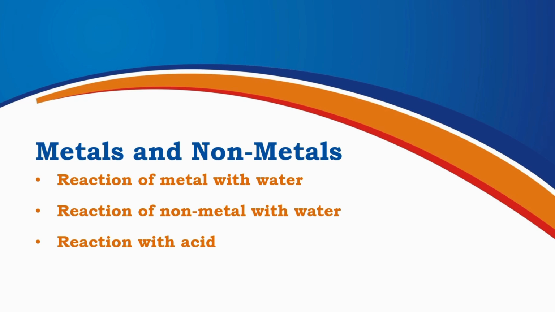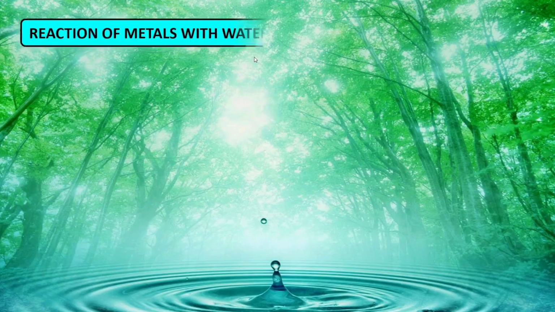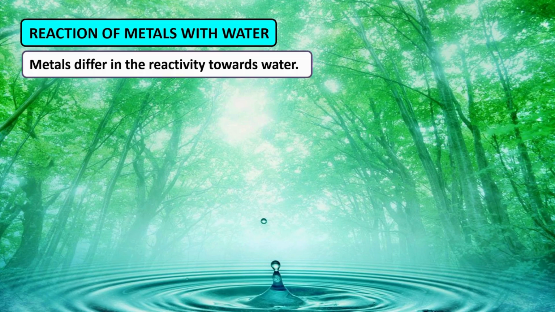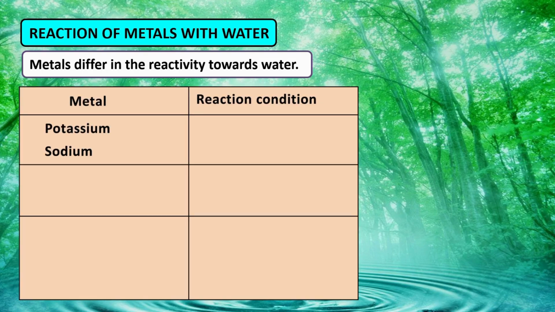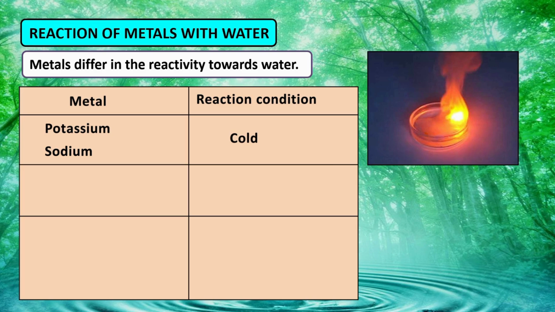Reaction of metal with water, reaction of non-metal with water, reaction with acid. Reaction of metals with water. Metals differ in their reactivity towards water. Metals potassium, sodium: reaction condition cold.